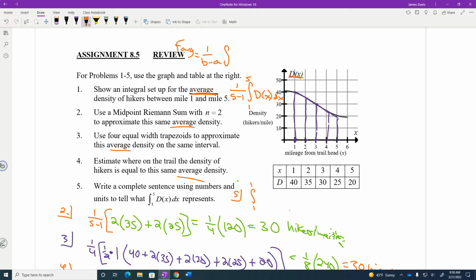So the total number of hikers, probably. Total number of hikers, at basically 1 to 5 miles from the trail.